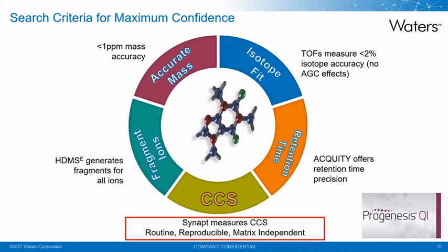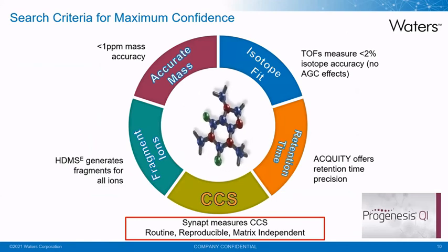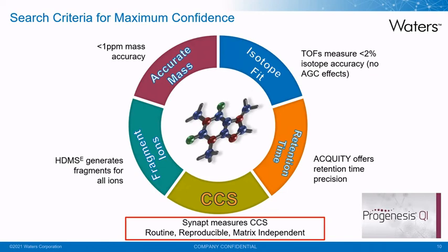So with all this together, with the mass accuracy of the instrumentation, retention time, these calculated CCS values, and the fragmentation, it can dramatically improve the confidence in the IDs that you are generating.